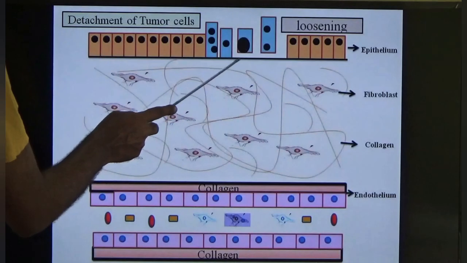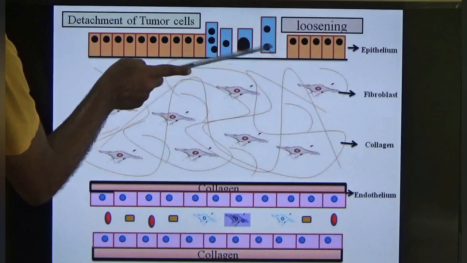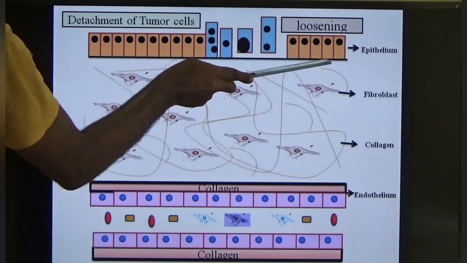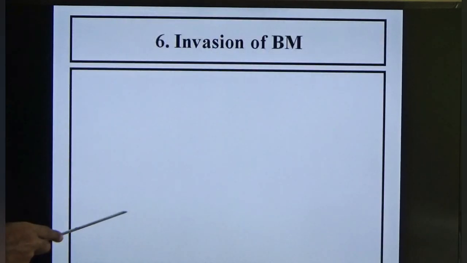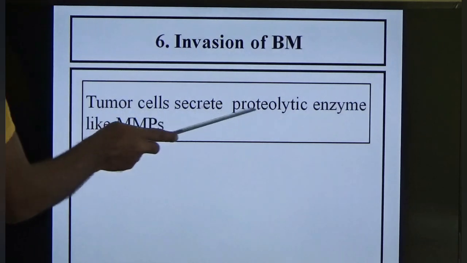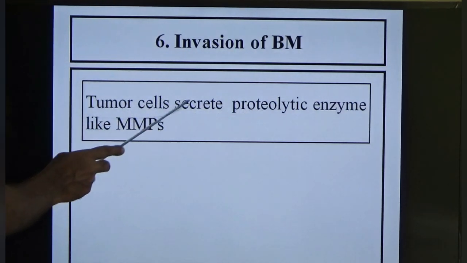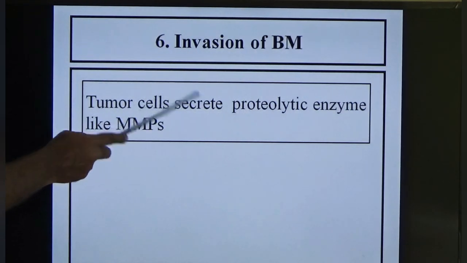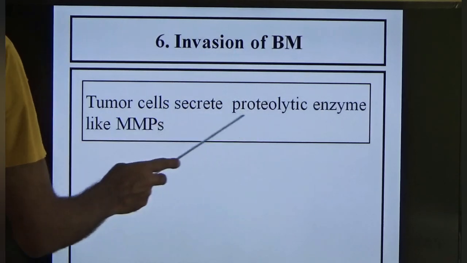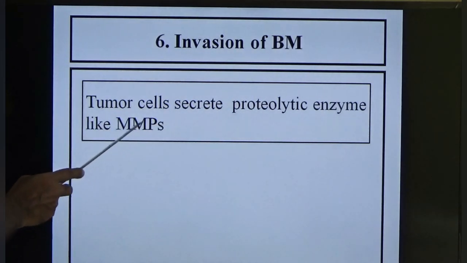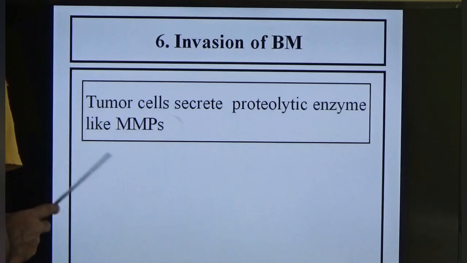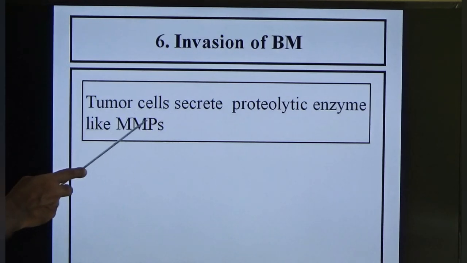So invasion means everything is present inside the basement membrane. This is the basement membrane. So what happened? The tumor cells are autonomous, and they secrete their own type of proteolytic enzyme like MMP. This MMP we discussed in the healing chapter. So what is MMP? Matrix metalloproteinase.